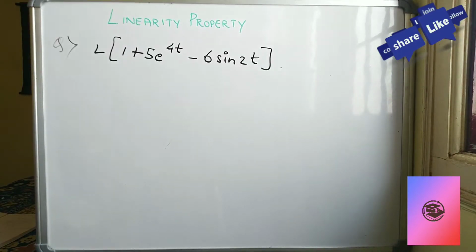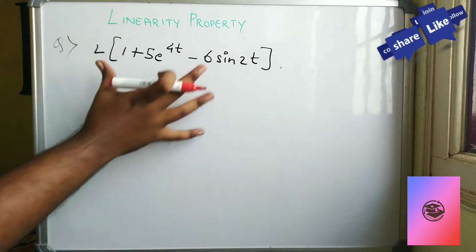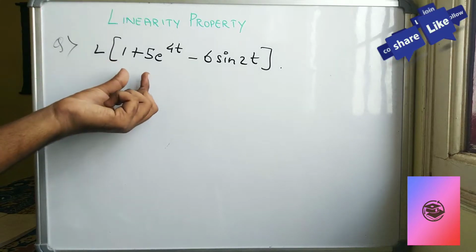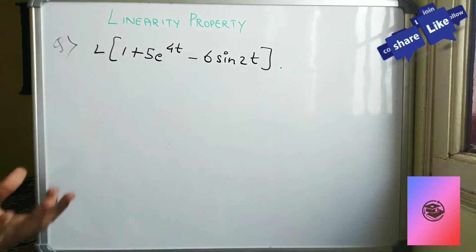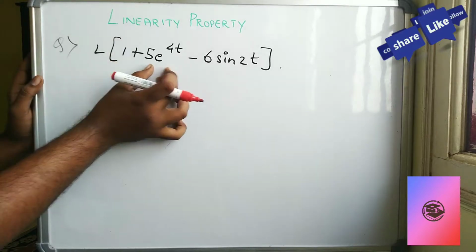One question I have taken. Observe here, you have to find the Laplace transform of this whole function. Now observe, it is 1 plus some function minus some function. You have to identify that this is the linearity property, so you have to find each term's Laplace transform.